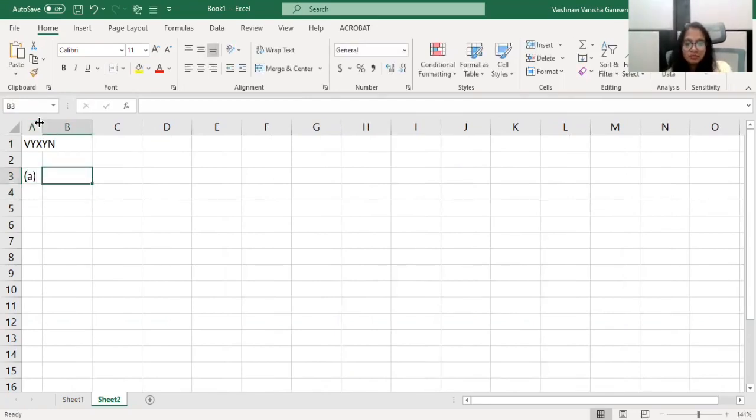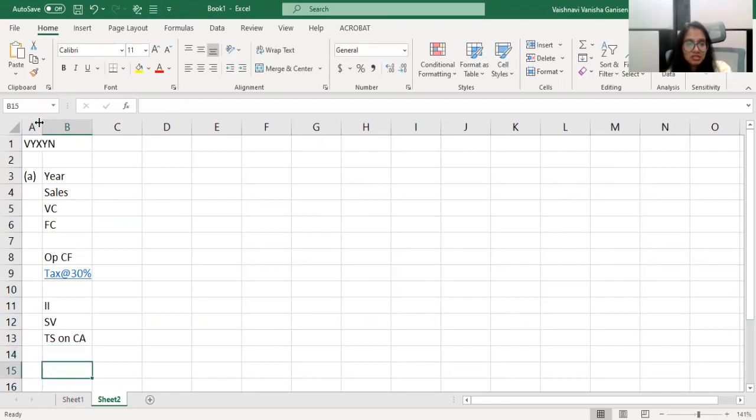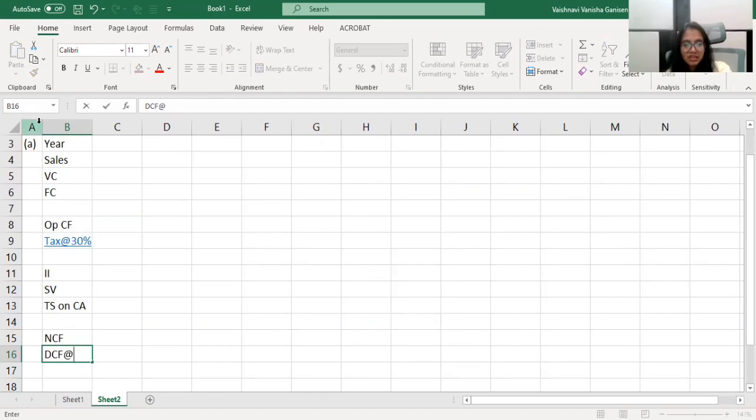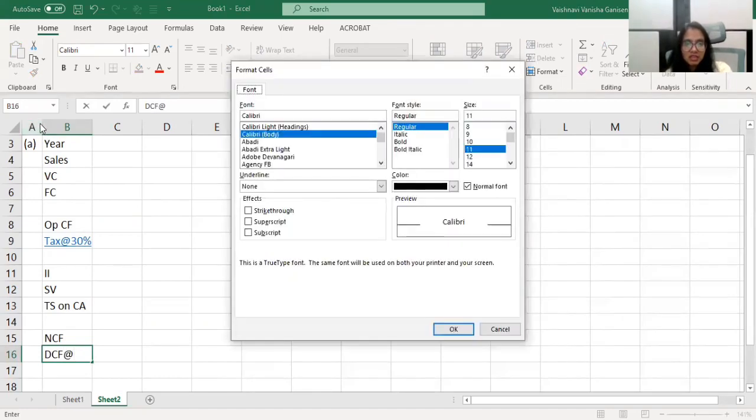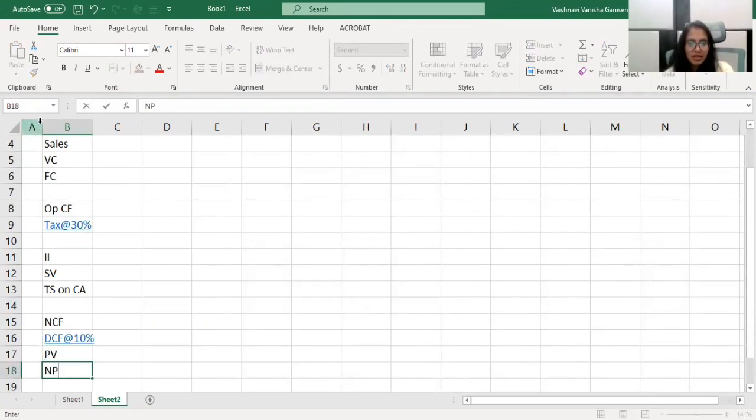So year, sales, variable cost, fixed cost, operating cash flow, tax at 30%, initial investment, scrap value, tax saving on capital allowance, net cash flow, discount factor at 10%, PV and PV.